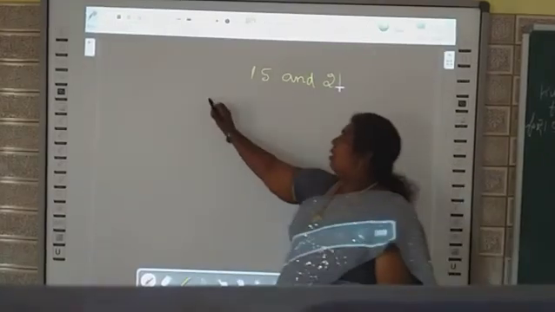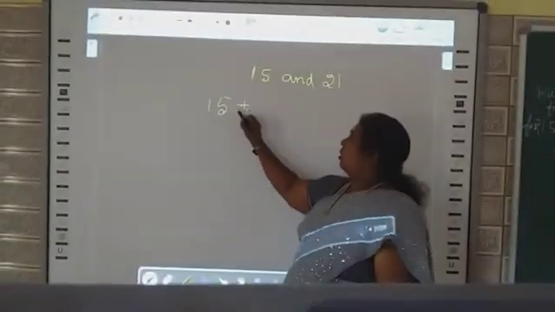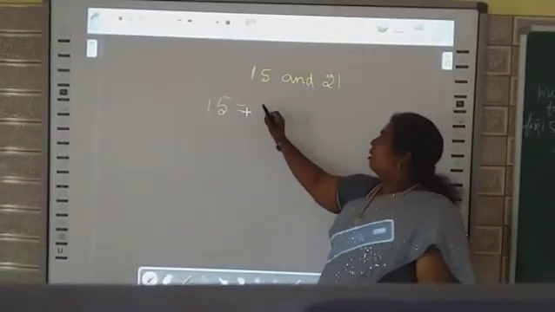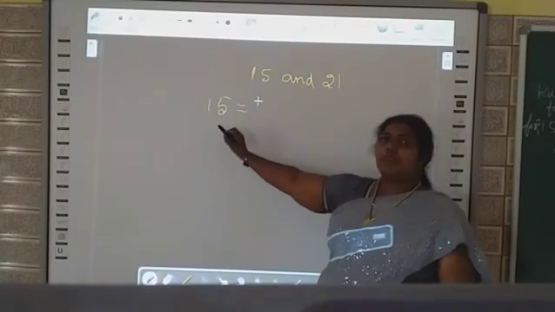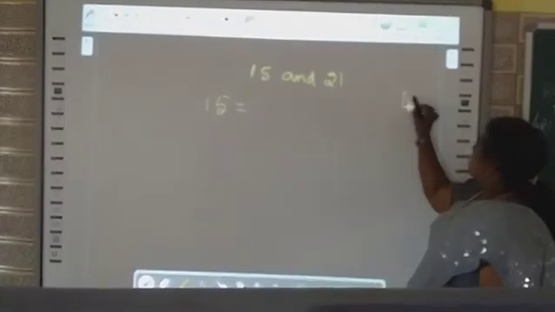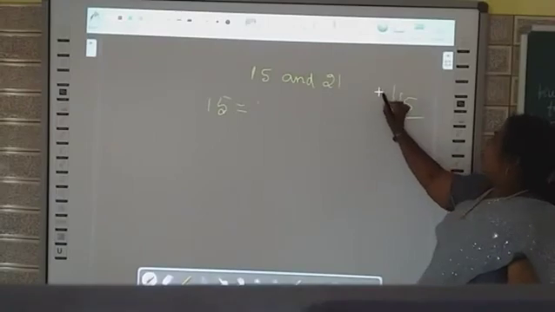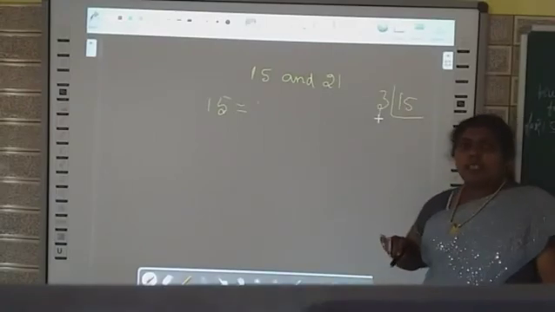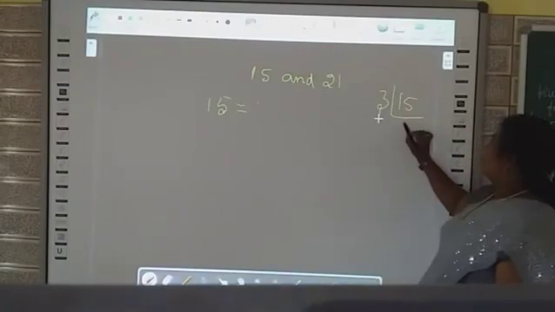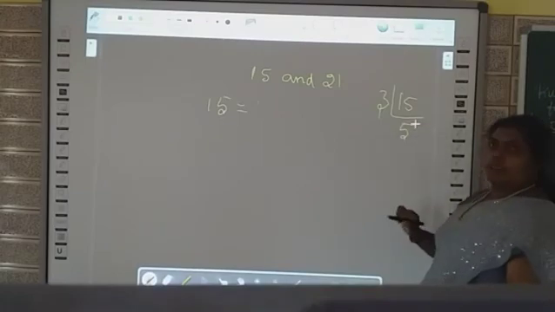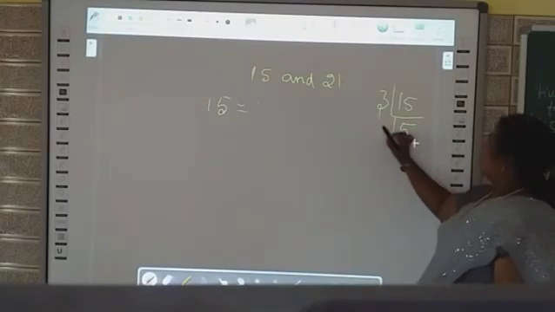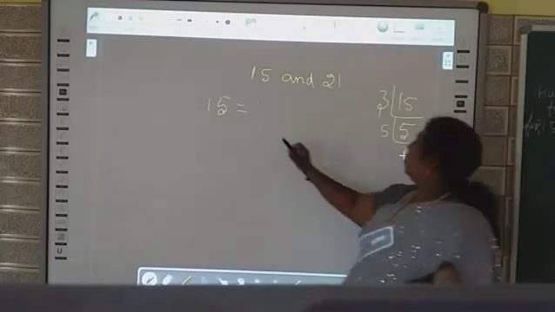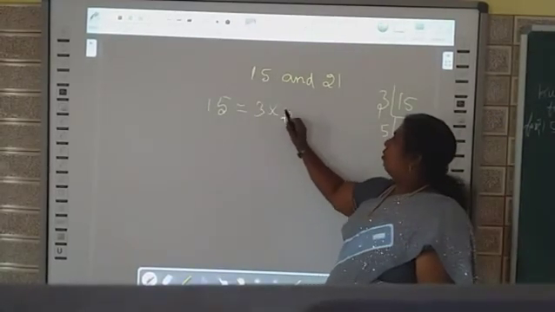Okay. So first 15, factors of 15. Is the second table possible? No. You can use the short division method here. So for 15, which table can we use? Third table we can use, right? Third table, how many times? 5 times it will come, right? Then fifth table 1 time. So 15 factors are 3 into 5.